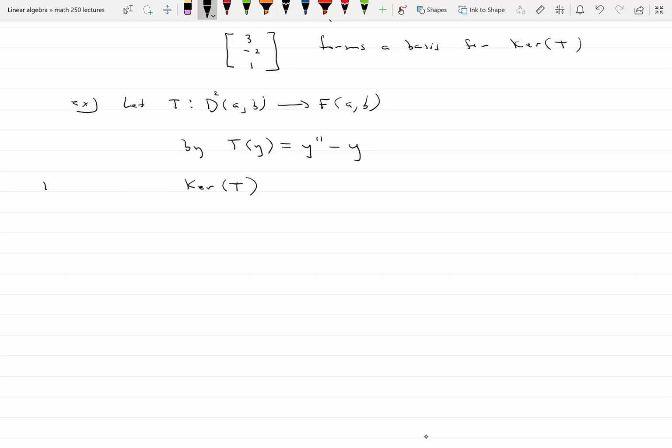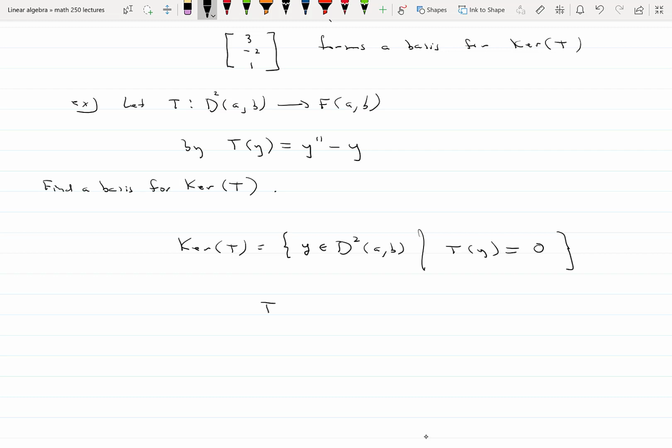So find a basis for the kernel of T. What is the kernel of a linear transformation? It's the set of all vectors that get sent to 0. It's the set of all functions y in D2 AB such that the linear transformation takes that to the 0 vector in the set of all functions, f.